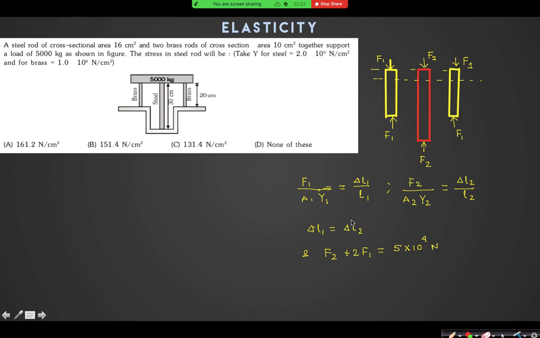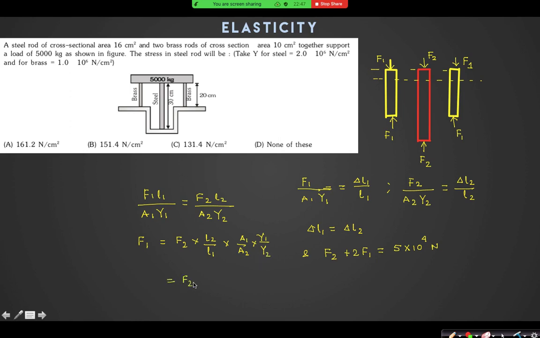So delta L1 equals delta L2. Then what equation do I get? F1 into L1 divided by A1 Y1 is equal to F2 into L2 by A2 Y2. Now I can find a relation between F1 and F2 from here. So F1 is equal to F2 into L2 by L1 into A1 by A2 into Y1 by Y2.